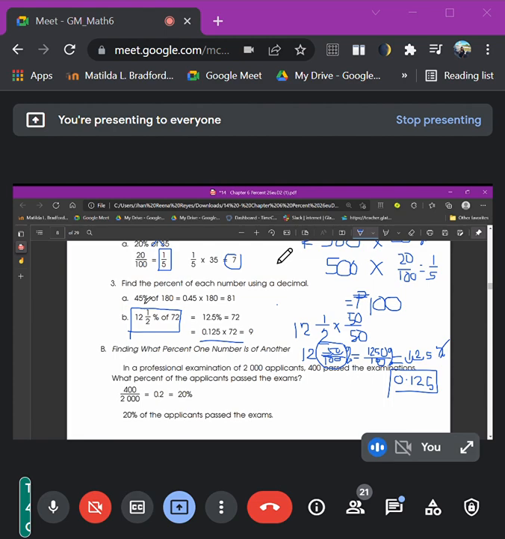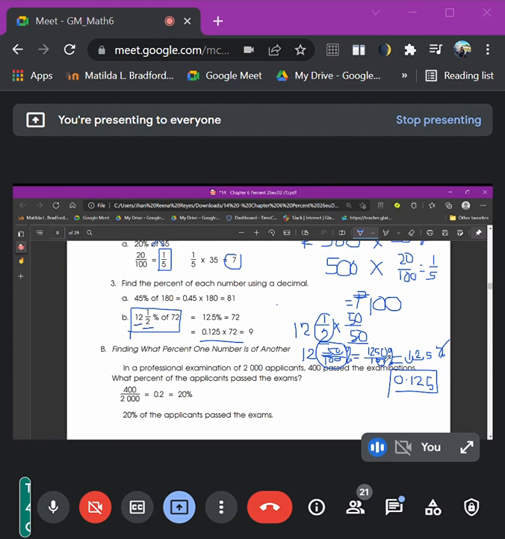So, it's a long procedure, class, because we have a whole number and a fraction. Let me go back. What we did first, with our 1 half, was change it into a denominator of 100. So we multiplied by 50. 1 times 50, that is 50. 2 times 50, that is 100. And then we change this into an improper fraction. 100 times 12, 1,200 plus 50, that is 1,250.